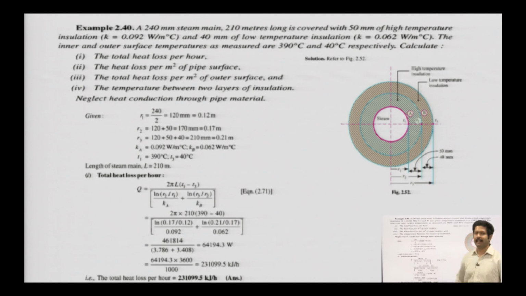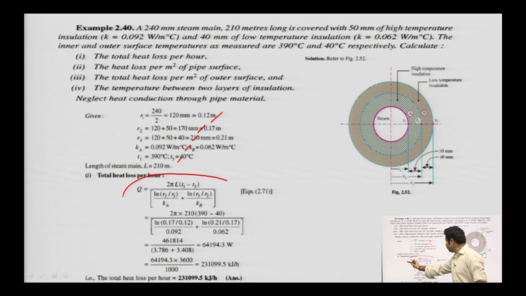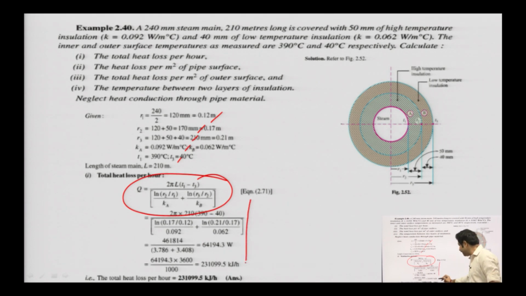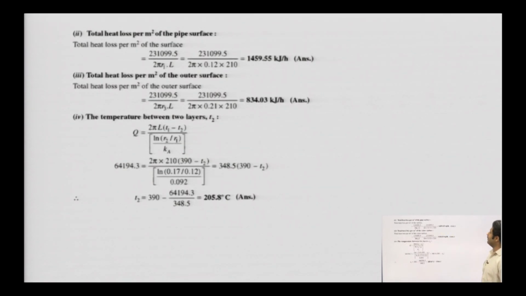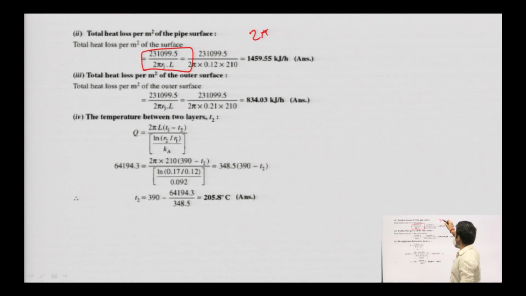On similar lines, this is another numerical. Everything is given: R1, R2, R3, Ka, T1. The total heat loss per hour you can calculate, as I have already mentioned several times. The total heat loss per meter square of the pipe surface means you have to divide by 2πRL, that is the area.